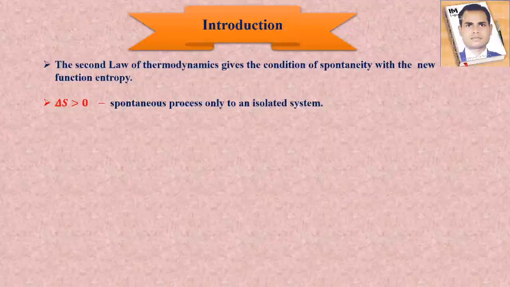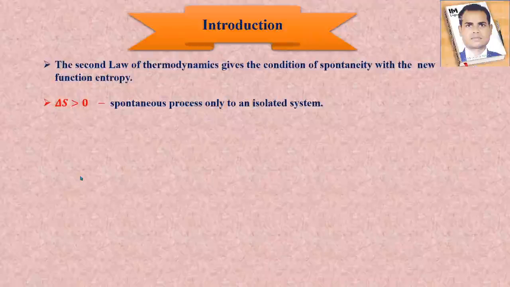Now you will see, for a spontaneous process in an isolated system, the entropy, denoted by capital S, and delta means that something is changed there. So the change in entropy is greater than 0 for isolated systems only, right?